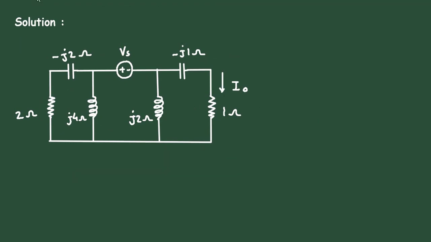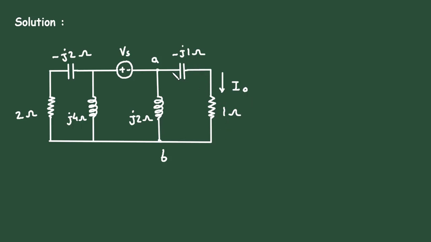So first of all, this capacitor and this resistor are both in series. Let's say this is terminal A and this is terminal B. The current through A and B will be this I0, the current through this branch.